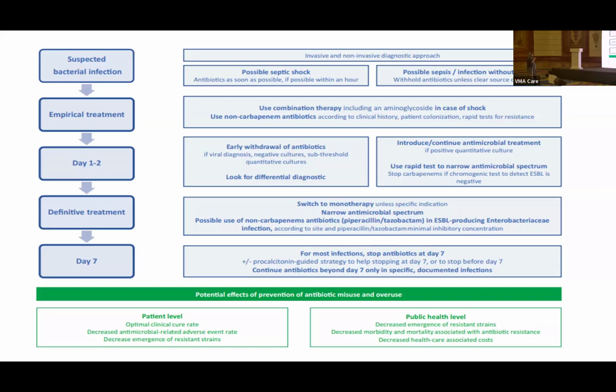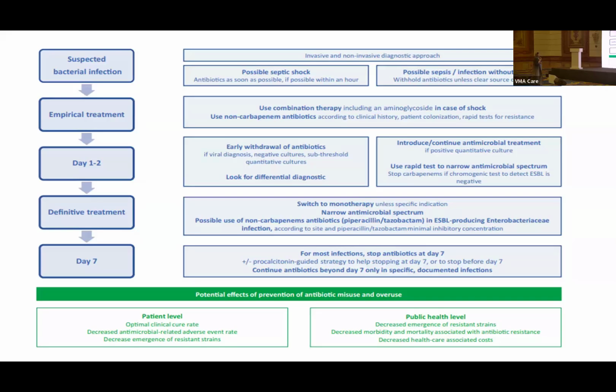So we start empirical therapy. Empirical therapy could be a combination, especially in septic shock patients, or it can be a single agent. They recommend using a non-carbapenem if there is no patient risk based on colonization, clinical history, or rapid resistance testing.